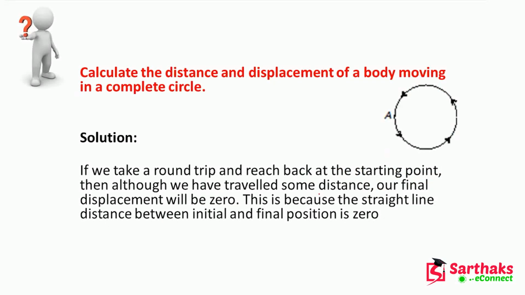Next, calculate the distance and displacement of a body moving in a complete circle. Complete circle, not the half circle. I have started the journey from here and I am just moving round, again coming back to this point. So what happened?